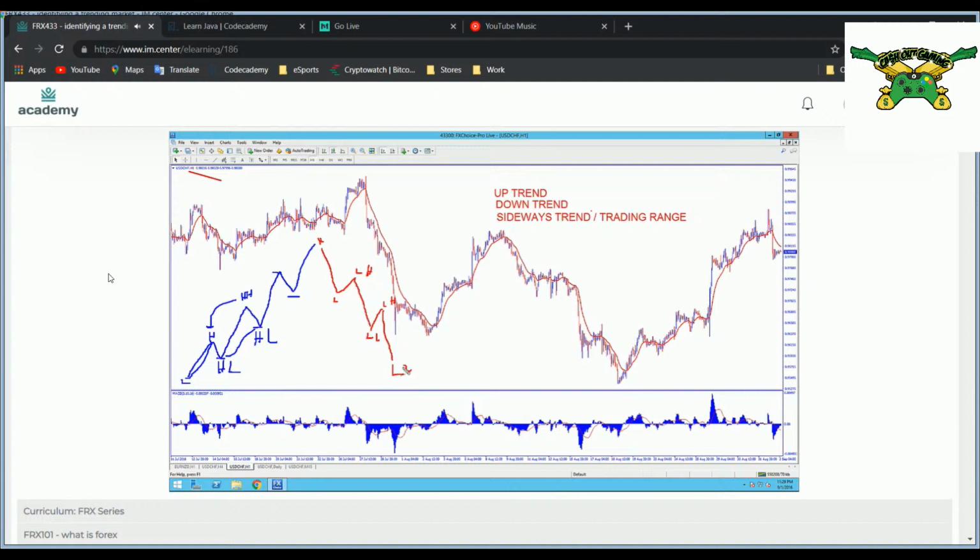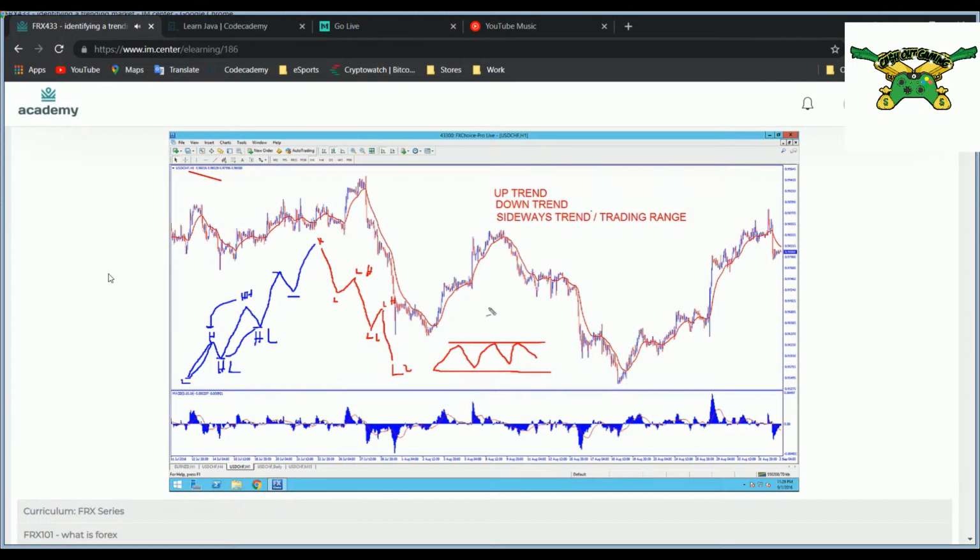This is considered a downtrend. Now, a sideways trend is typically this, where the market goes sideways in a range with no direction. There is no higher highs, there's no higher lows. It's just basically sideways consolidation.